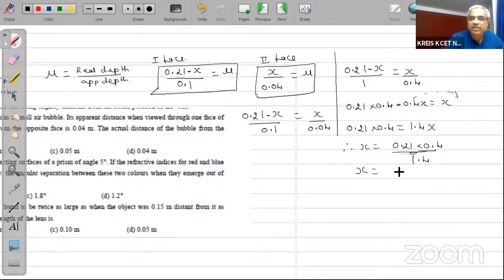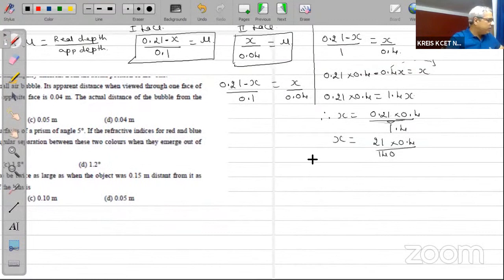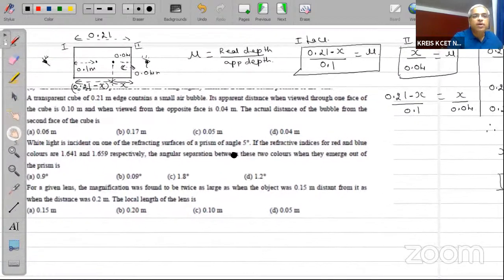This can be written as further 21 into 0.4 divided by 140. Okay, I'm just trying to make things simple for you in this way. ಇದನ್ನ ಮಾಡಿದ್ರೆ you will get x to be equal to 0.06 meters. ನೀವೇ ಲೆಕ್ಕ ಹಾಕಿ ನೋಡ್ಕೊಳ್ಳಿ, 0.06 meters ಬರುತ್ತೆ. And therefore the answer to this question should be 0.06 meter.